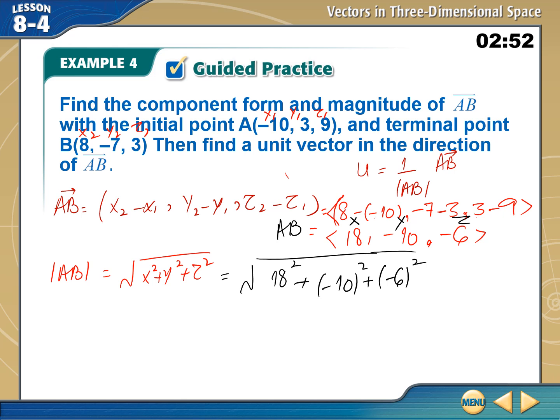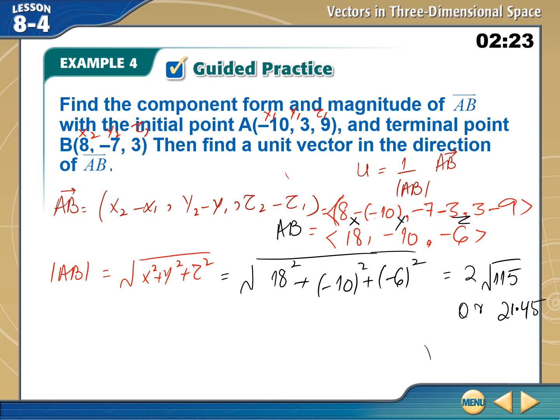So now write down 18 squared plus negative 10 whole squared plus negative 6 whole squared, and it gives us the square root of 460. Okay, and if you want to write it in decimal, it will give us 21.44 or 21.45 if you round off.